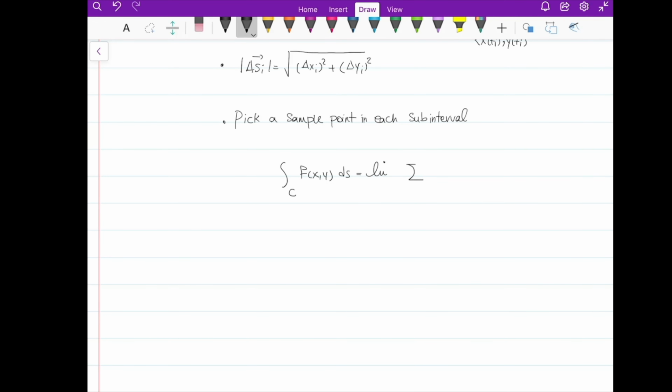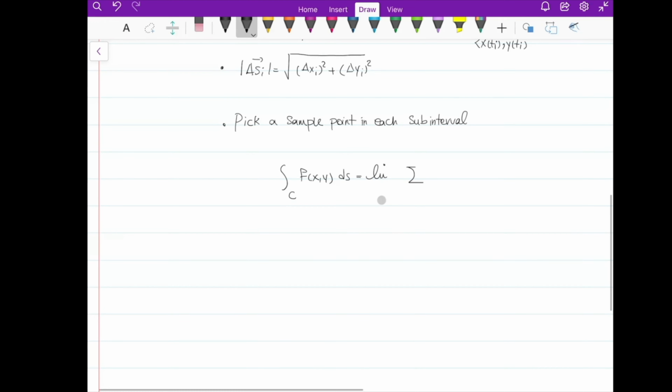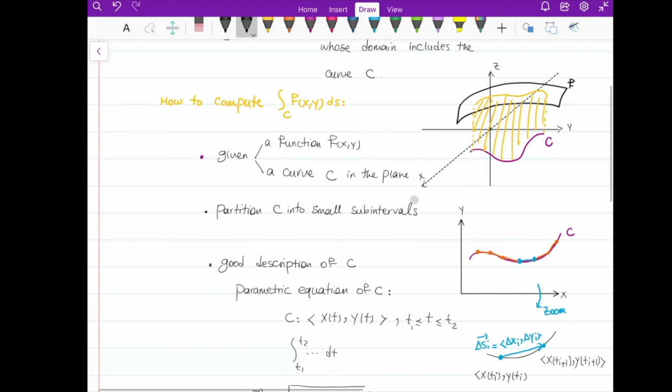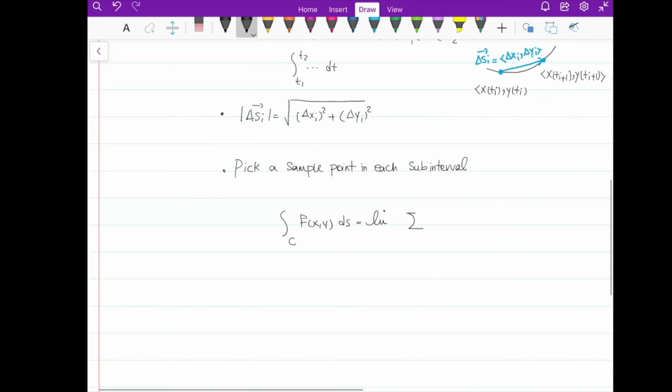what? So you see, basically if I go back to this shape in here, I have some small intervals like that, and then for the height, I'm just going to pick a point in here, and f of that point would be the height of my rectangle times the length of delta si, okay?